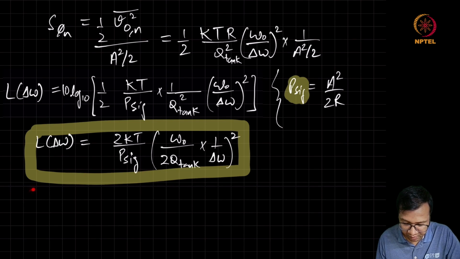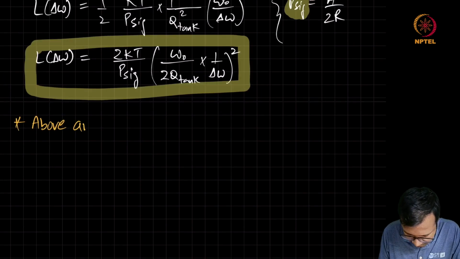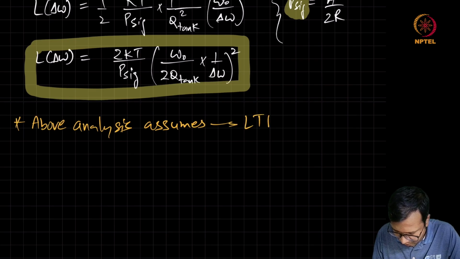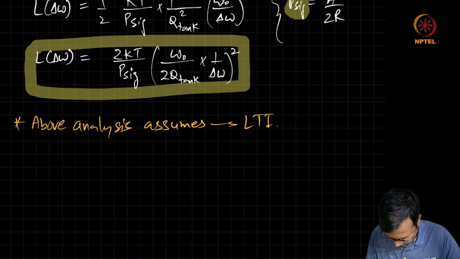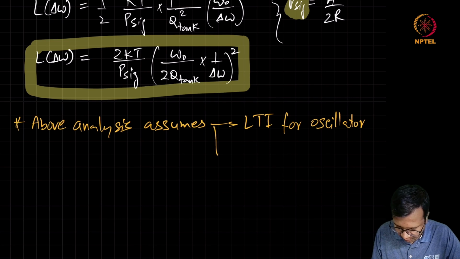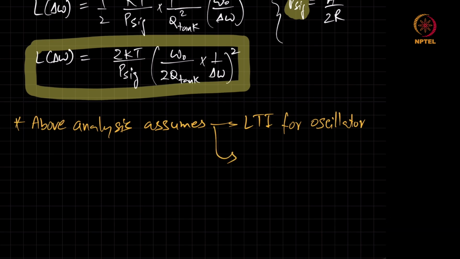And one more point here is that we have assumed that the entire oscillator circuit is linear as well as time invariant. The above analysis assumes LTI for the oscillator, as well as we are also assuming that the noise is stationary, in the sense that the statistics of the noise is not changing with time.